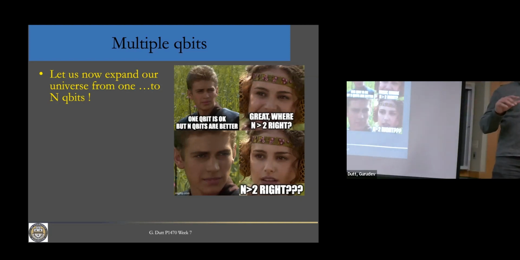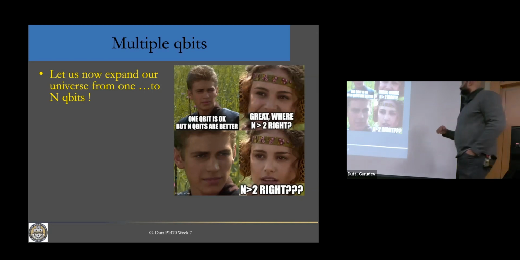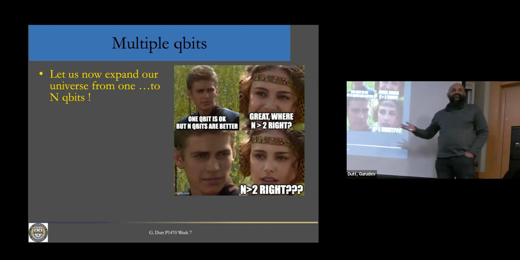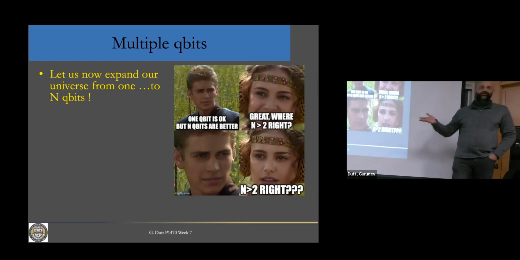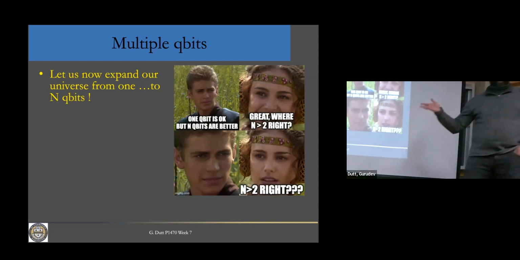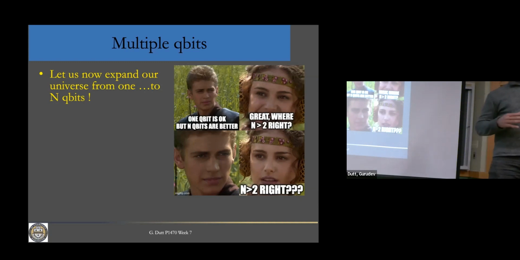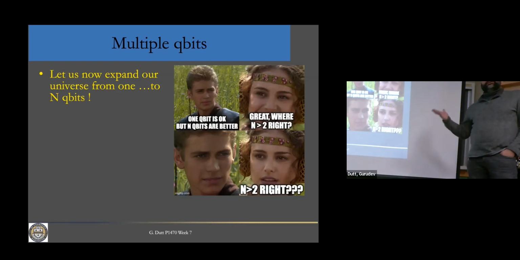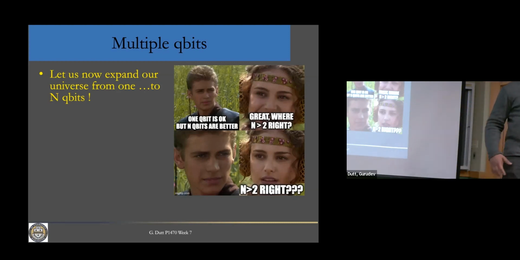And beyond, say, n equal to 3, things start to get complicated. And so for our discussion, most of the time we'll be talking about 2 qubits. Occasionally, I will write down some 3-qubit states just so you see how it's done. But for most of the discussion, we'll be talking about 2 qubits.